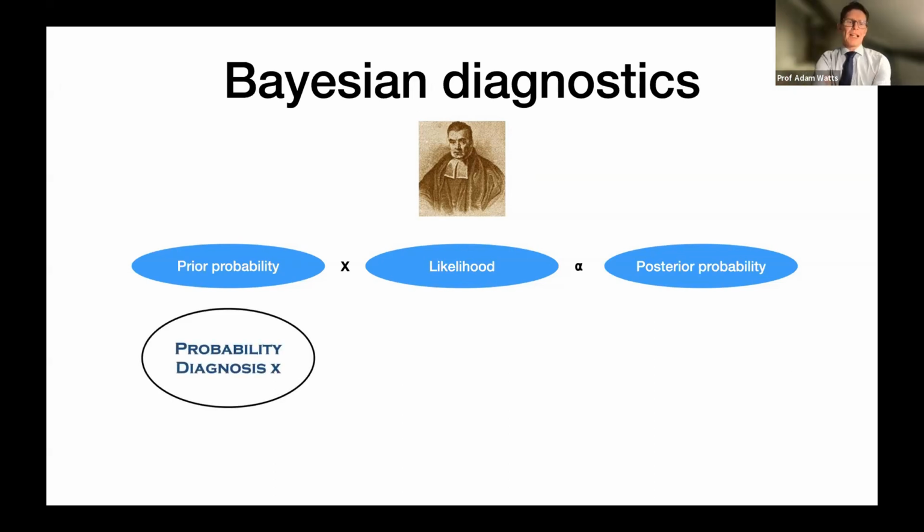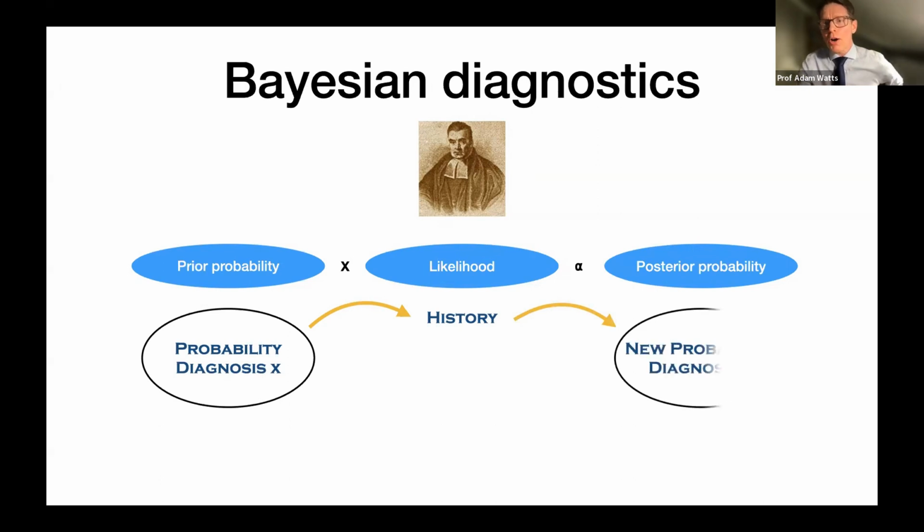So maybe when we get a clinic letter from our GP colleagues, we might get a letter referring a 45-year-old male with lateral elbow pain, and instantly we're thinking they've probably got lateral epicondylosis. We take a history from the patient. It's of insidious onset lateral elbow pain with no clear history of trauma, and therefore our new probability isn't really changed.